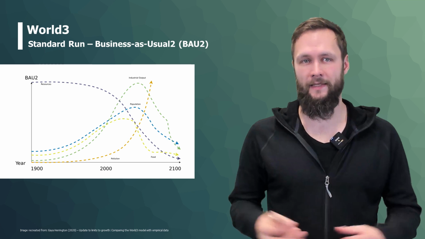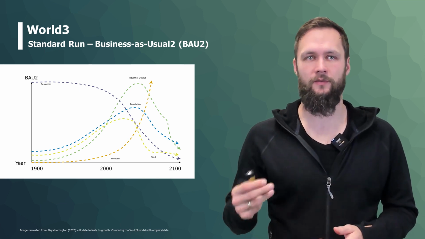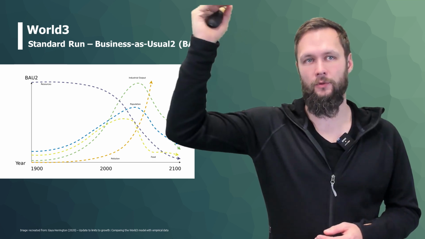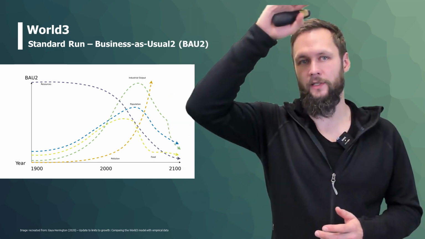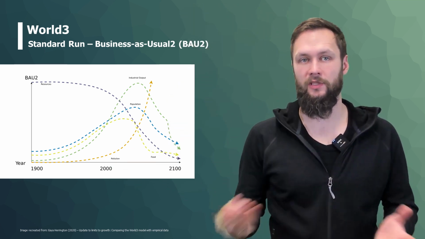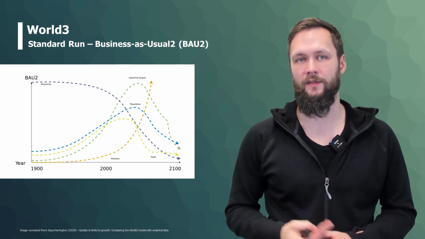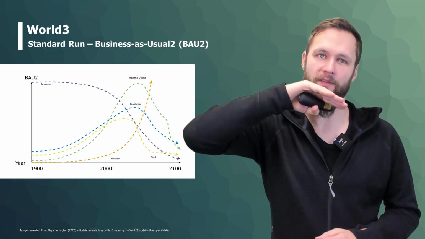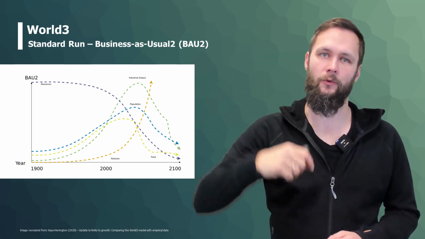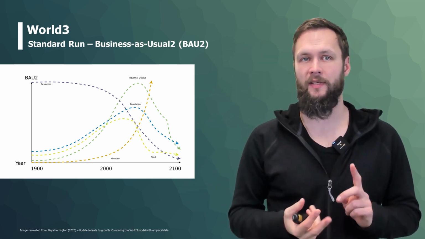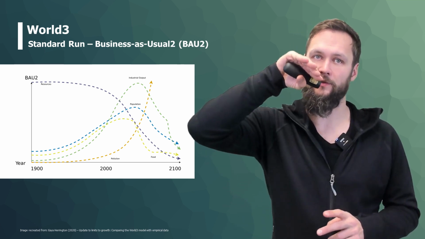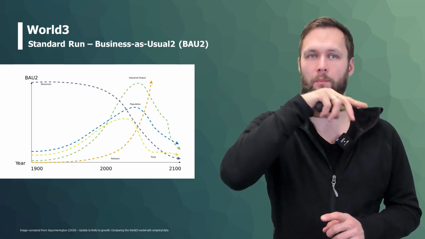And what you get from those assumptions is, for example, resource-wise, a higher entry level for resources, and a very sharp decline or depletion of those natural resources until the end of the 21st century. And you have a very steep increase when you look at the curves for population, food per capita, and industrial output. They are much steeper than what we have seen in the standard run before.